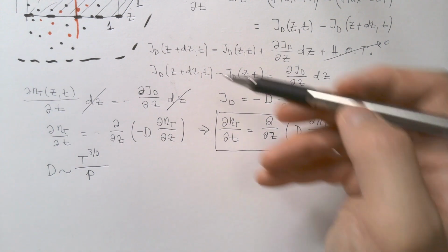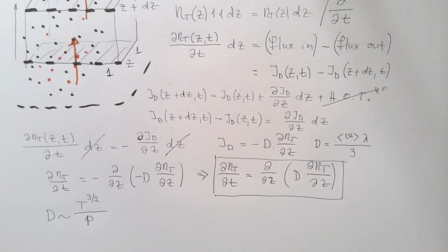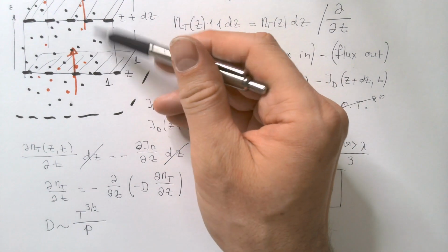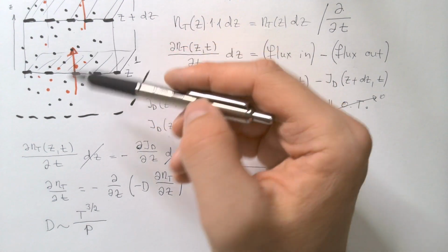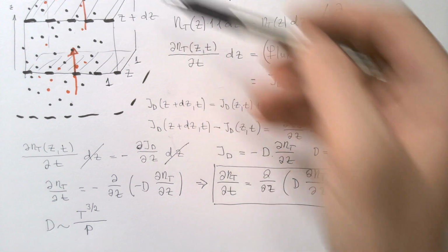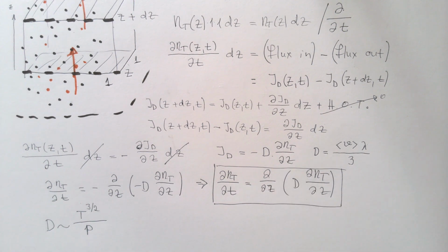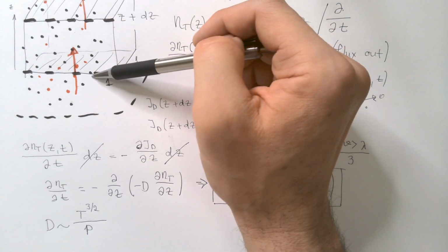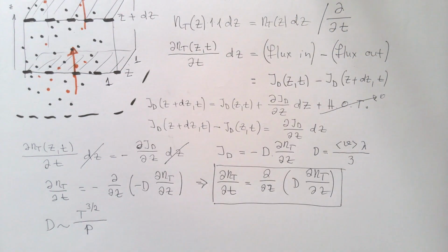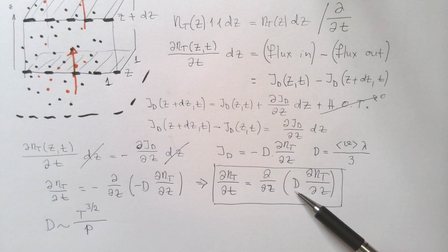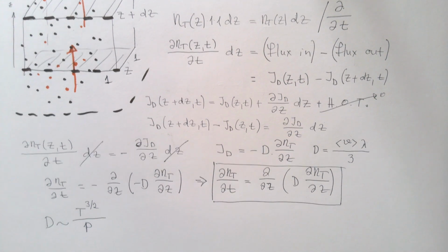So that means if this gas is not in temperature equilibrium, maybe here is hotter than here, then this is not constant in respect to height, and we cannot take this out of differentiation. Similarly, if the pressures are different along this z-axis, once more there is dependency of d on z, and we cannot take it in front of differentiation.